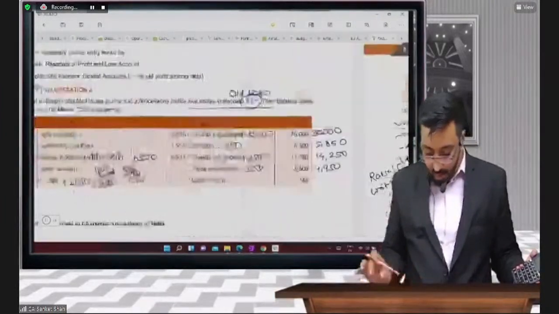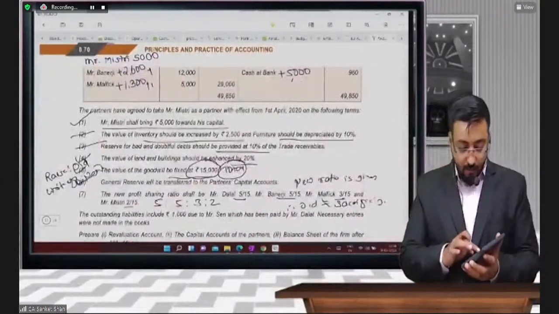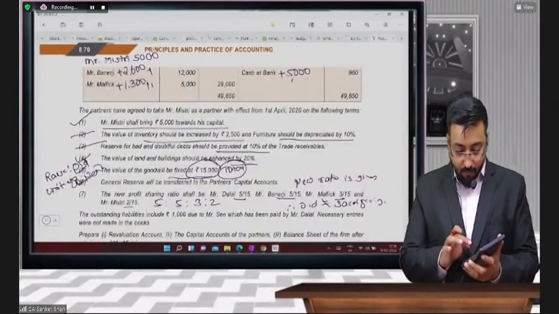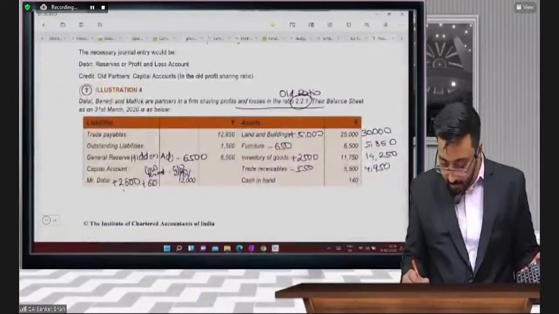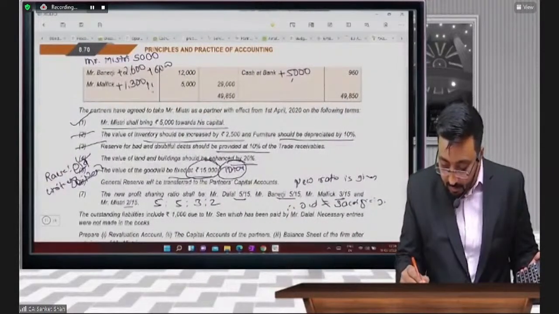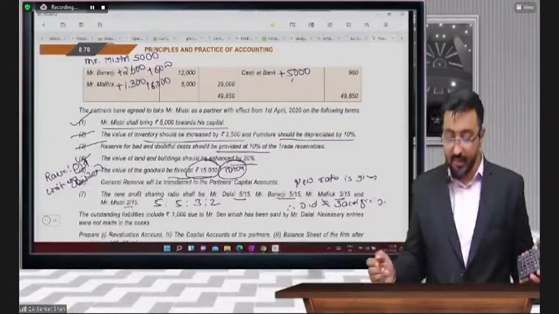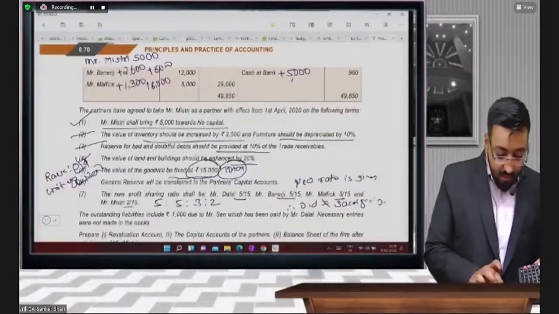It was 15,000, right? Sorry, my mistake. Goodwill was 15,000. 15,000 divided by 5 into 2 is 6,000. Added, do it by pencil. 6,000 added and 6,000 added. That is raise. And deduct. Very good.